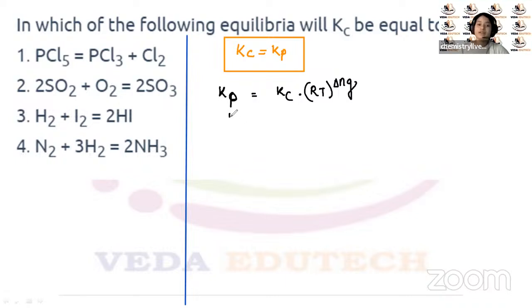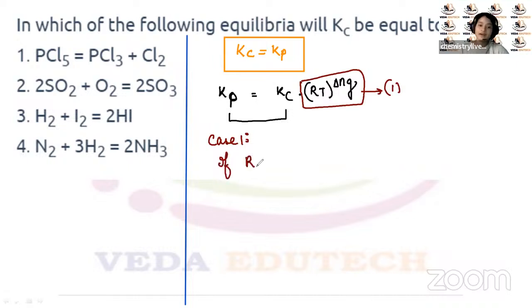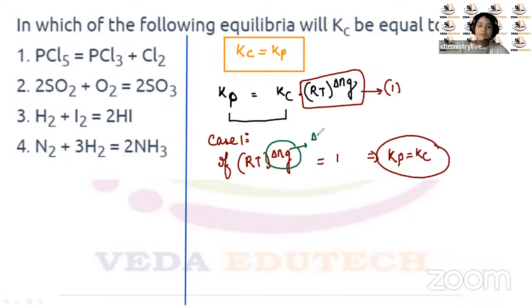Now, if I want that Kp is equal to Kc, case 1: if RT to the power delta Ng is equal to 1, this implies Kp will be equal to Kc. And how are you going to get this as 1? If delta Ng equals 0, this value should be 0.